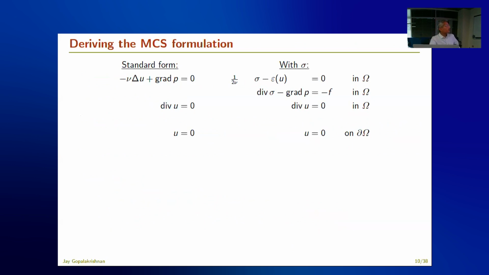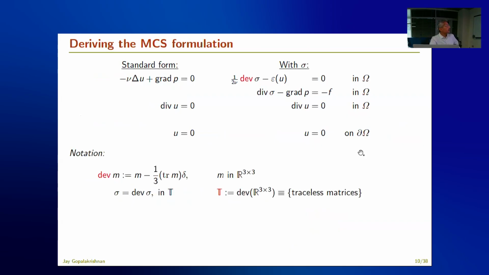First, we're going to take the first equation and apply the deviatoric operator. The deviatoric operator is defined below. When we take the deviatoric operator, I'm not putting the deviatoric here because the trace of the symmetrized gradient is the divergence of velocity, which is 0 by this equation. So the deviatoric operator falls only there.